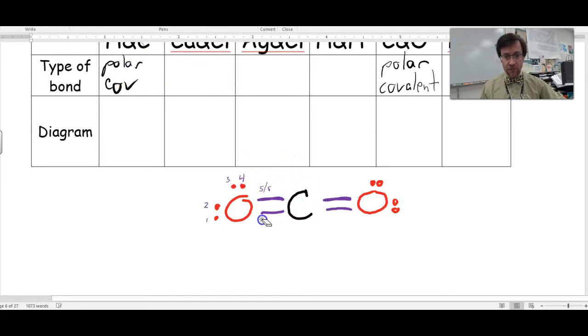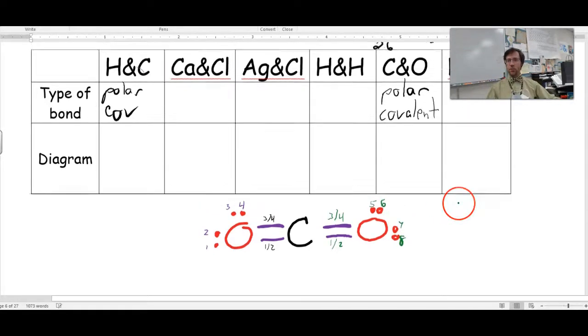So let's count up for the carbon. 1, 2, 3, 4, 5, 6, 7, 8. That carbon is super duper happy. Now let's count up for this oxygen. 1, 2, 3, 4, 5, 6, 7, 8. Everybody's happy. Whoa. One more and then we'll be done, guys.